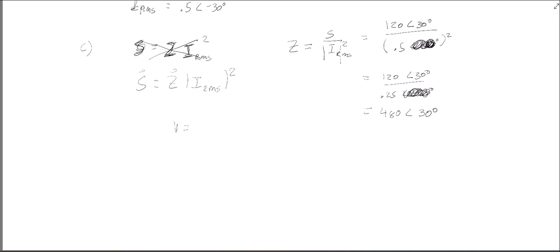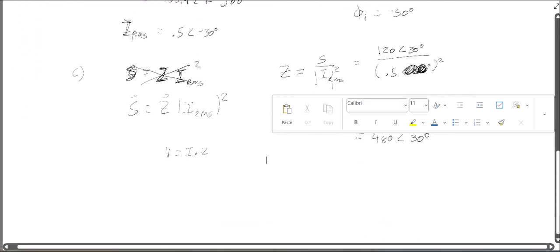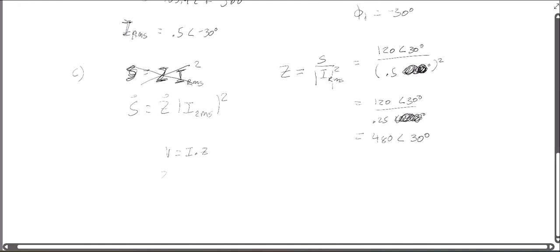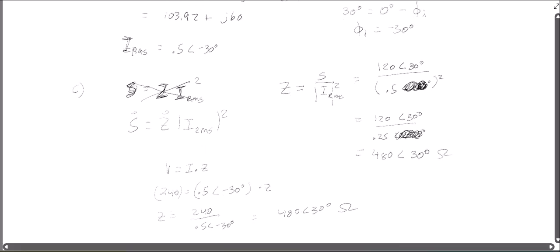So V equals I times Z, and 240 equals 0.5 angle negative 30 degrees times Z, or Z equals 240 over 0.5 angle negative 30 degrees, or that's 480 angle 30 degrees. Ohms. These are ohms. That was easier to do it that way.